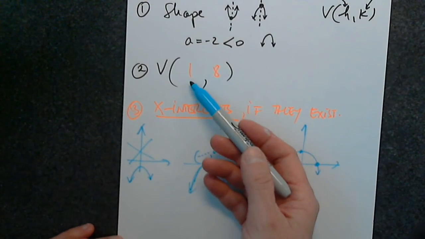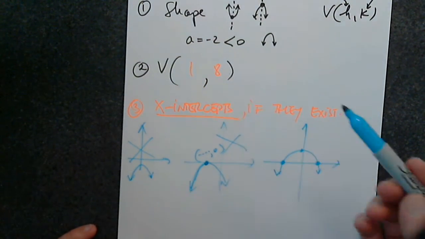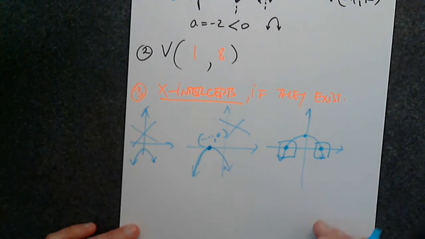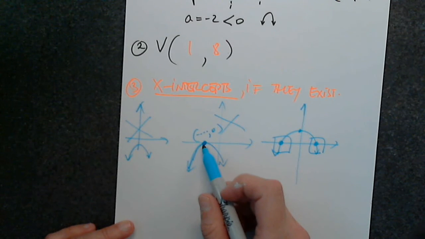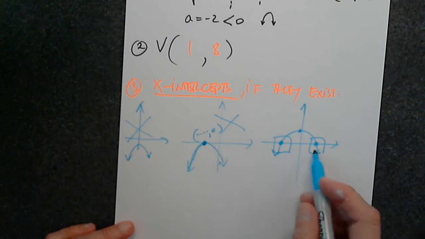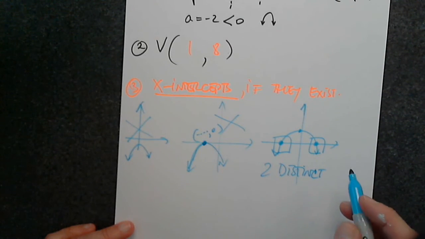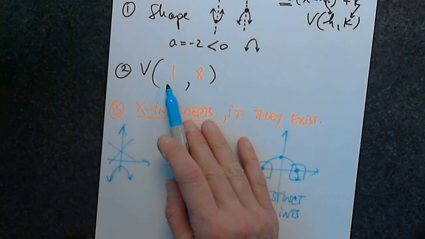But that's not the case because the vertex is 1, 8. So this is the only option in which there are 2 distinct solutions. Here, we know there are 2, but the same value. But these are 2 distinct, not the same, x-intercepts.